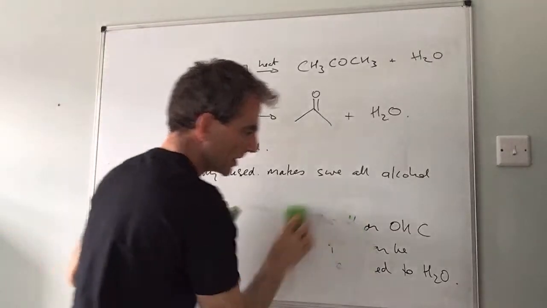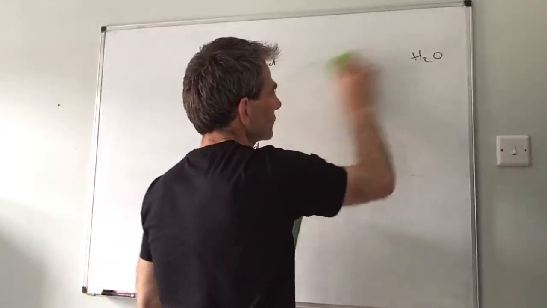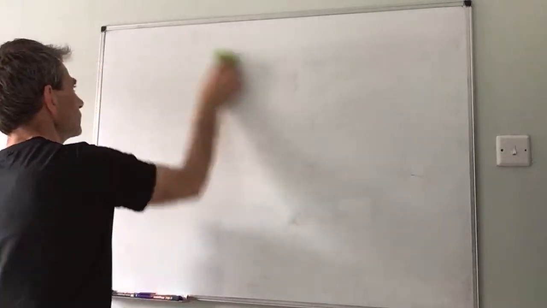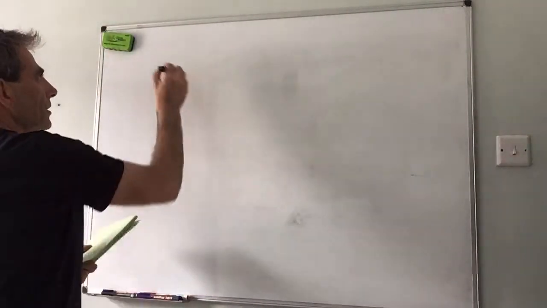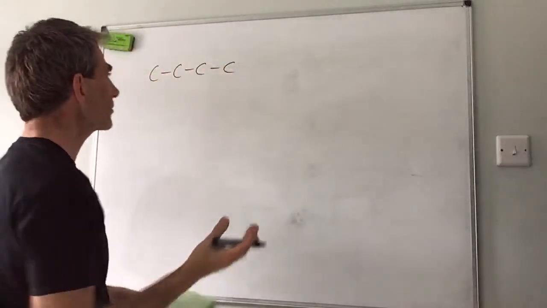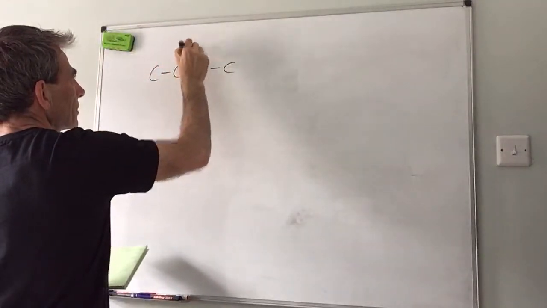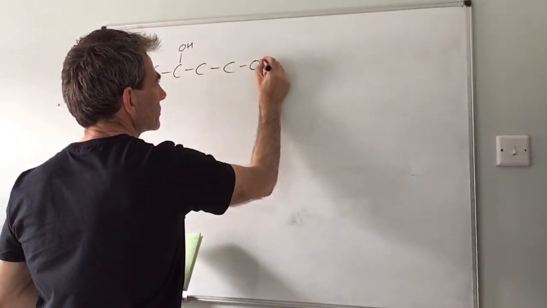So let's make a slightly more complicated alcohol. Let's go for 1, 2, 3, 4. I'm completely making this up, by the way. Okay, so let's put an OH there and an OH there.